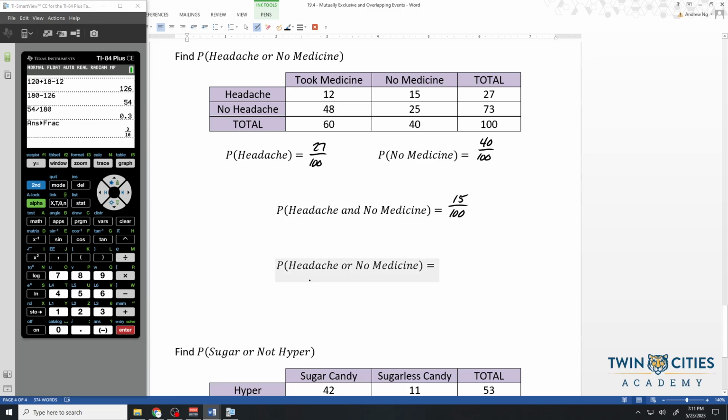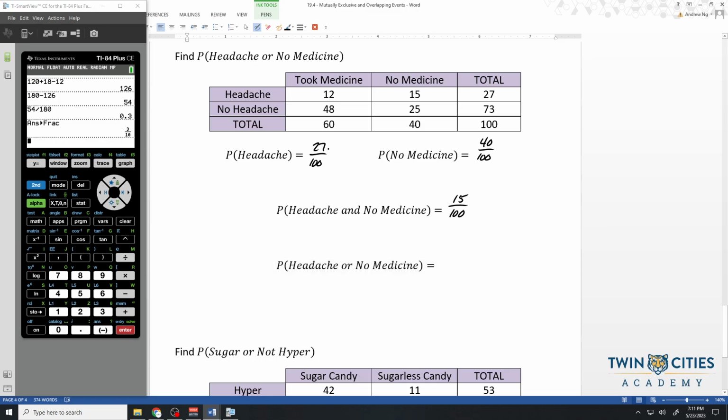All right, now I want to know, if I pick someone at random, what are the chances that they either had a headache or they didn't take any medicine? So this would be the addition rule. The probability that I pick someone that had a headache plus the probability that I picked someone that didn't take medicine, and I've got to subtract the overlap.